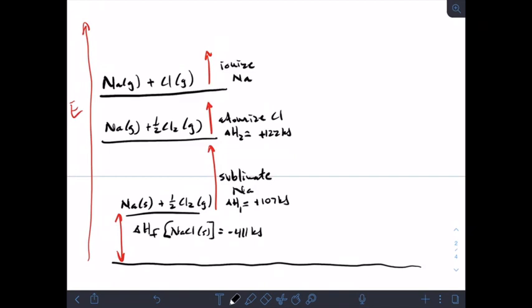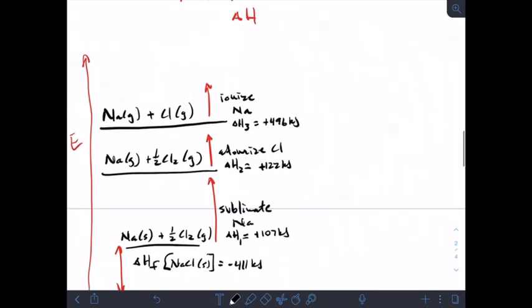That makes my sodium now sodium plus, and that has a delta H, call this delta H3, of 496 kilojoules, because it always takes energy to pull off an electron. And these are all the steps. Now I have a sodium ion in the gaseous form, and neutral chlorine right here.